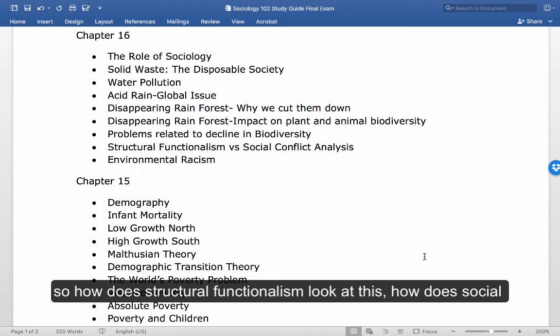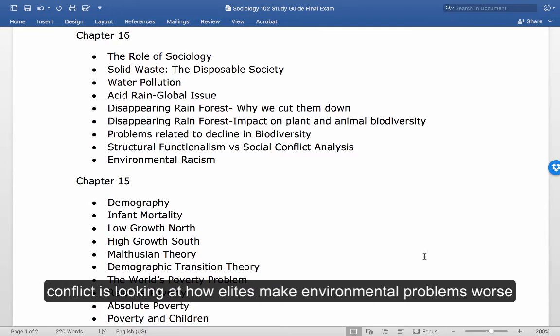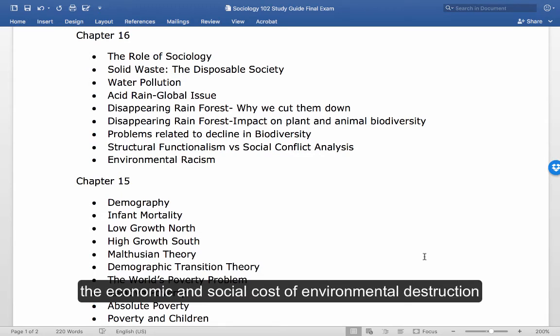Okay, so how does structural functionalism look at this? How does social conflict look at this? So structural functionalism is really looking at how technology and culture impact the state of the environment, while social conflict is looking at how elites make environmental problems worse because they're trying to make money in the short term and not thinking about the economic and social costs of environmental destruction in the long term.